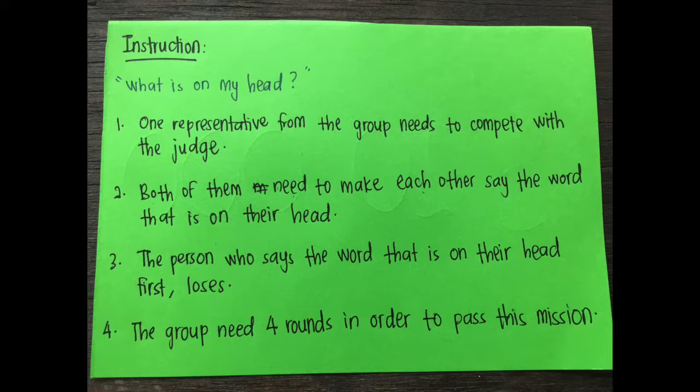The person who says the word that is on their head first loses. The group needs 4 rounds in order to pass this mission. So now we're going to do the 20,000 Juta Ringgit mission. So let's see.